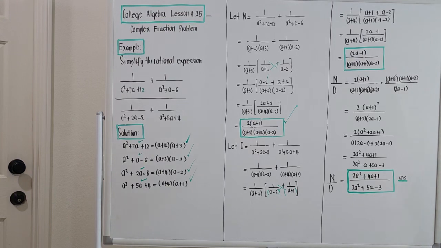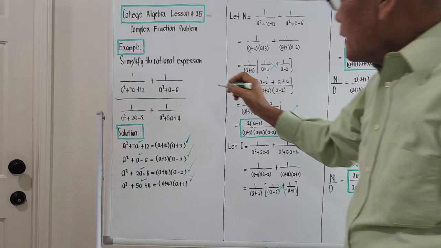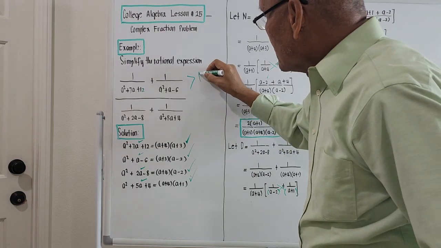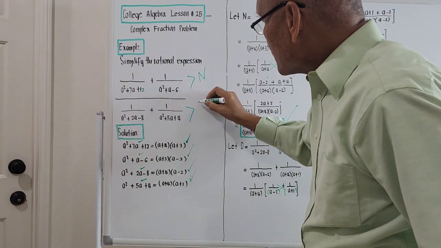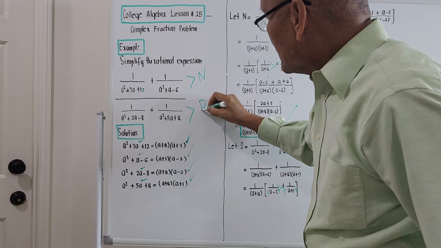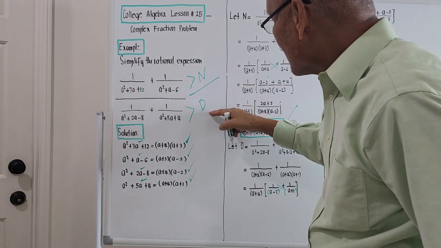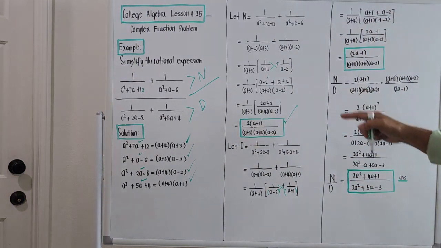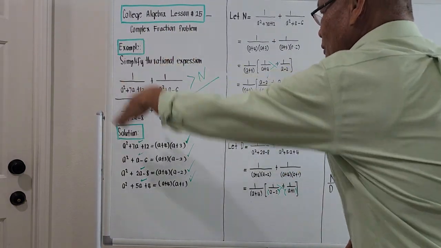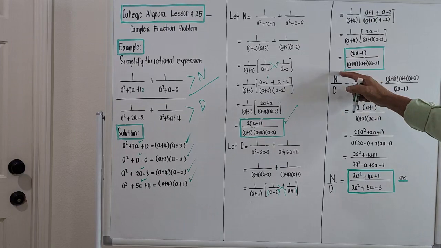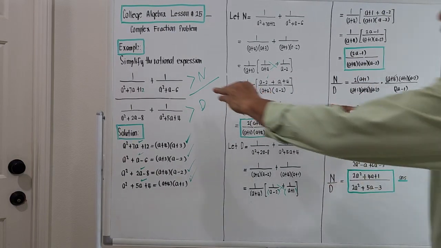Let's go back to the problem. We represent this one to be n, and we represent this one to be d, and they should be divided. So this is a numerator over denominator. So instead of writing this whole thing here, which is complicated, I will just write n over d, which is actually equivalent to this.